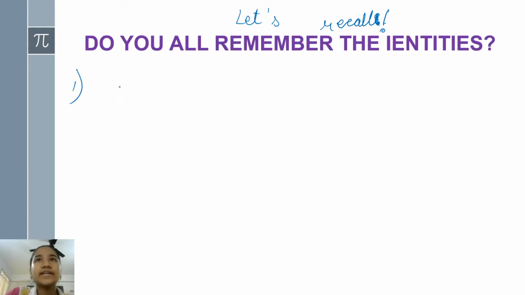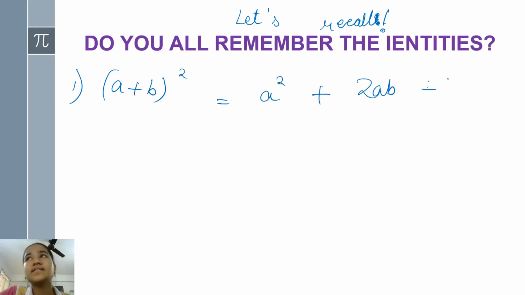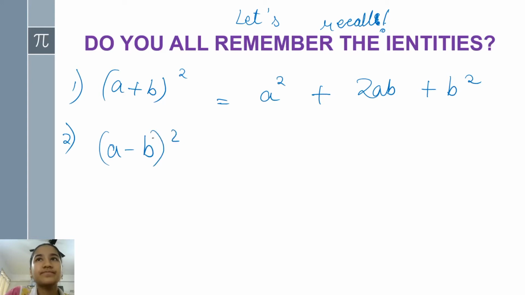So the first identity is (a plus b) whole square is equal to a square plus 2ab plus b square. The second identity is (a minus b) whole square is equal to a square minus 2ab plus b square.